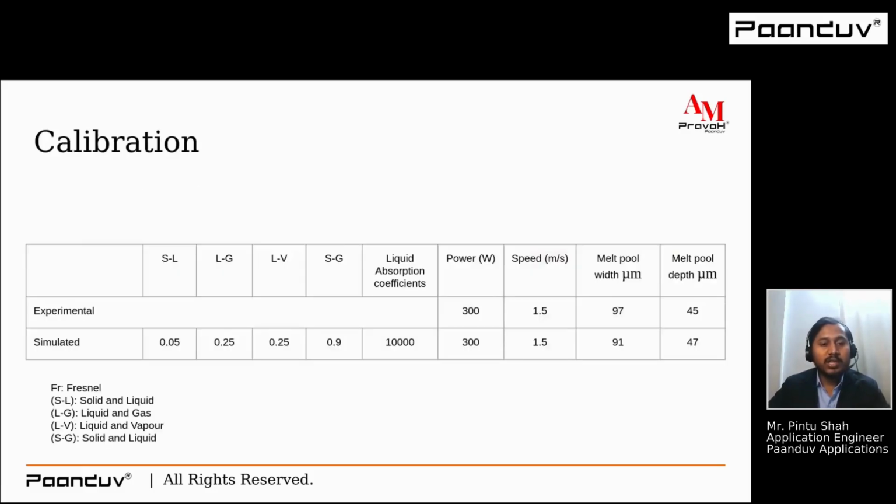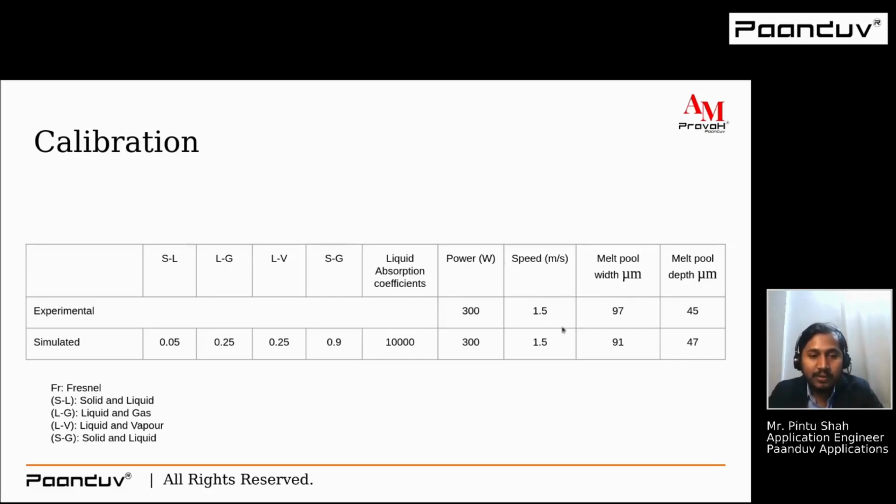In the experiment, the power is 300 watt, speed is 1.5 meter per second, and the melt pool width and depth are 97 micrometer and 45 micrometer as per the experiment.